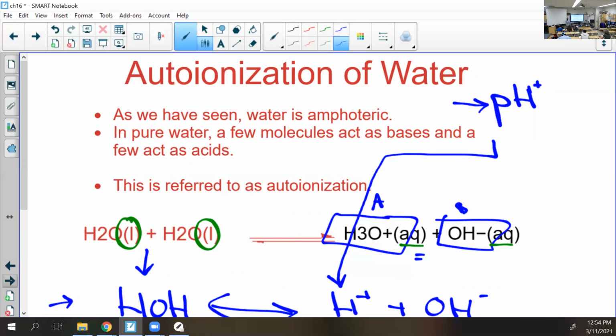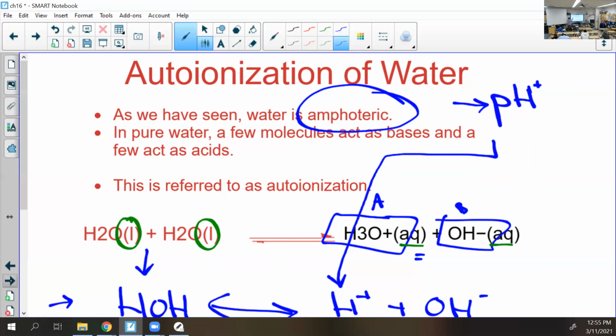It can give an H away or it can take an H. Amphoteric means it can give off an H or it can accept an H. It can become OH minus or it can become H3O plus. It can go either way.